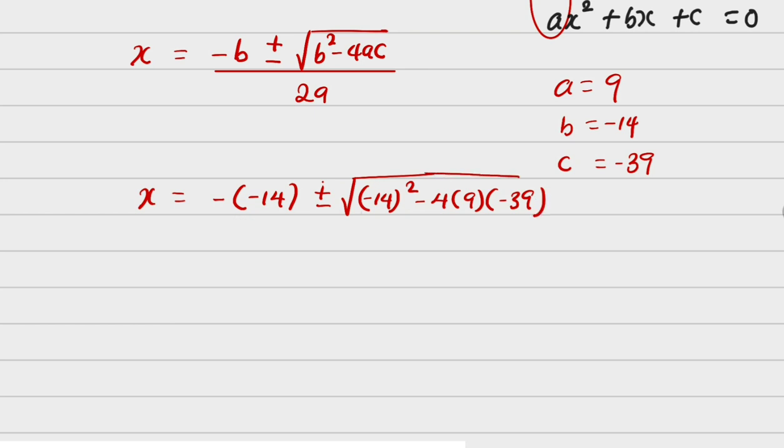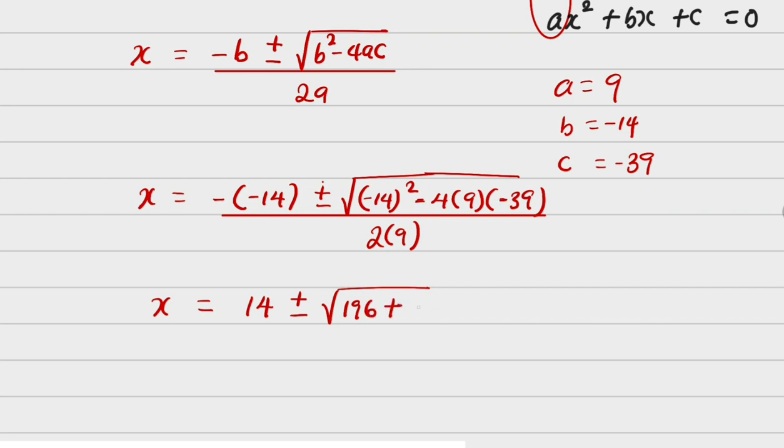Now, having this all over 2 into 9, x will now be equal to, using your calculator, minus times minus 14, we have 14, plus or minus root of 14 squared, which is 196. Now, because of this minus and this minus, it turns to plus when you multiply them, and that's going to be 1404. This is what we have, then all over 18.